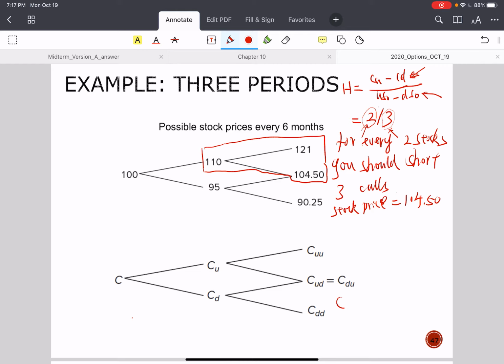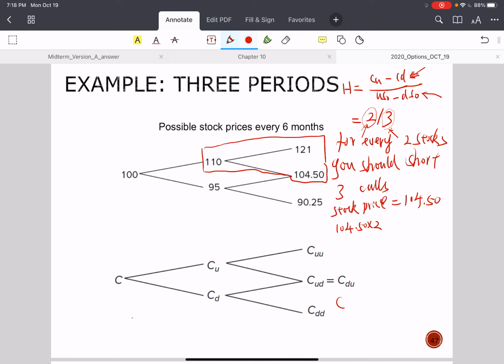Now your portfolio's value would be, remember you have 2 stocks, so it's stock price times 2, and you also have a short position of 3 calls. However, in this case, you can see that the call holder will not exercise the call because the stock price is actually lower than the exercise price.